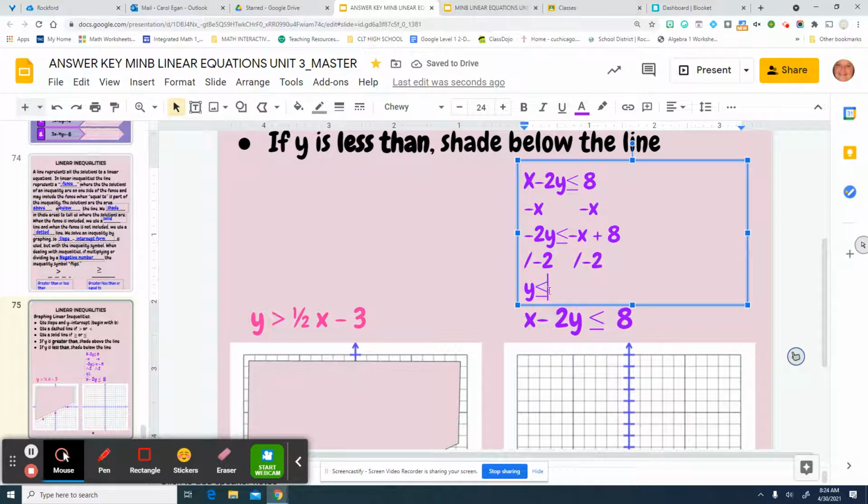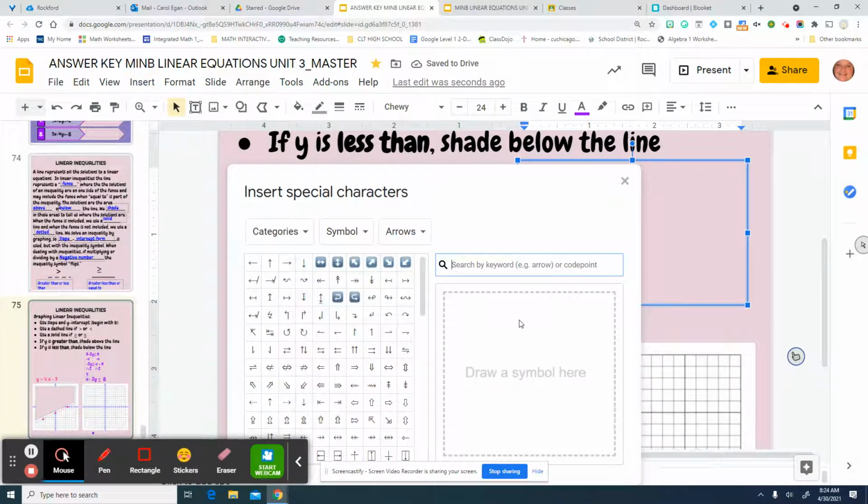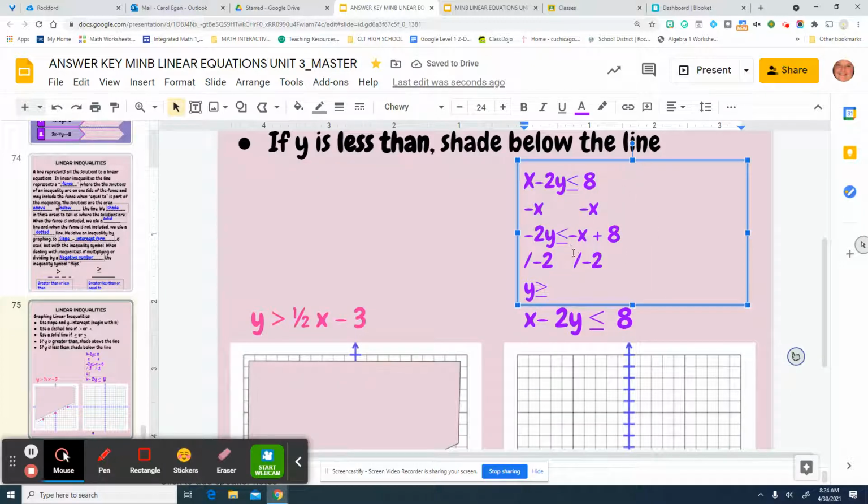And here, we're going to have to flip this. Right? So I'm going to have to insert the greater than symbol. All right, so at one point this was less than, now it's becoming greater than because I'm multiplying both sides by that negative.